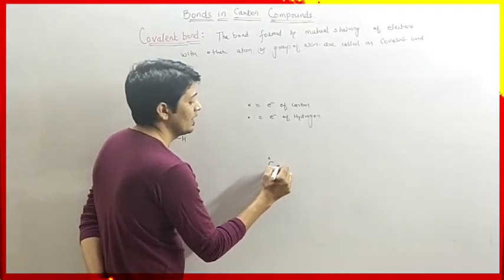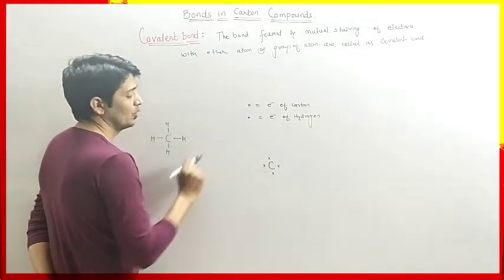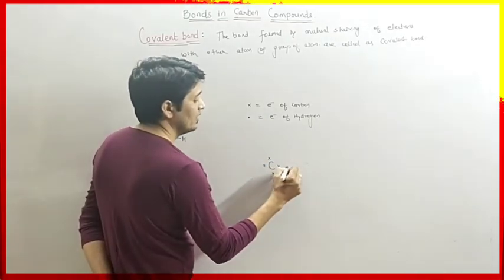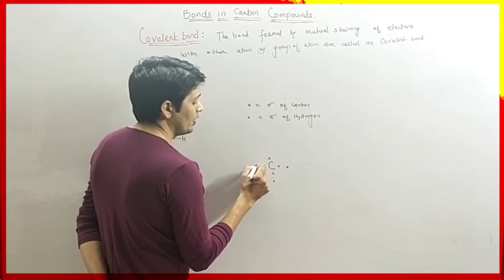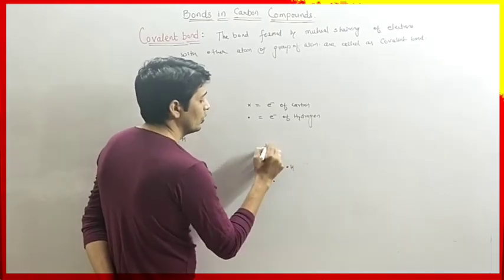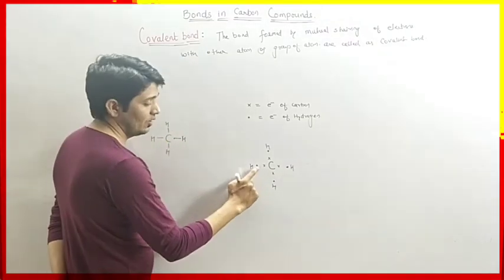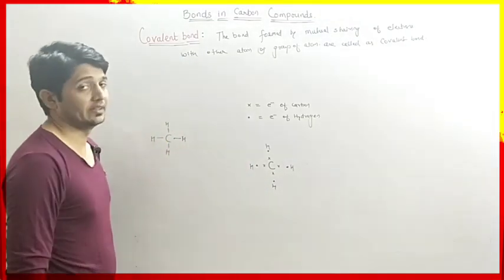So here we are representing electrons of carbon by cross, and electrons of hydrogen are represented by dot. Okay, so this is nothing but the cross and dot structure of methane.